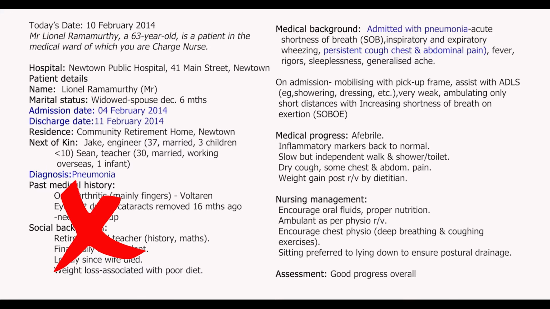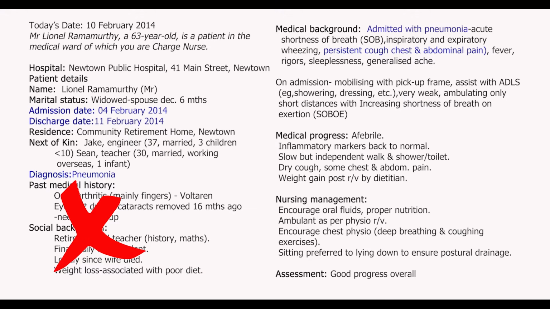Now next you can see the patient's condition at the time of admission. We can see that the patient used a pickup frame for mobilization and he was assisted with activities of daily living. He was very weak, ambulated only short distances, and had increasing shortness of breath on exertion. From here also you don't have to include every point.